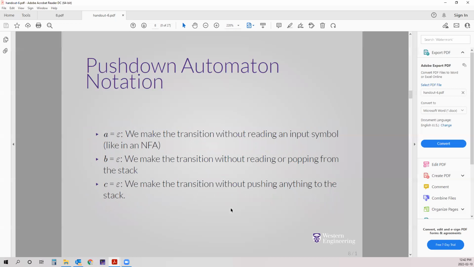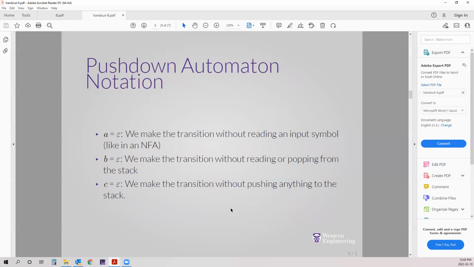If A is equal to epsilon, we make the transition without reading an input symbol, like in an NFA. If B, the second thing, is epsilon, we make the transition without reading or popping from the stack.